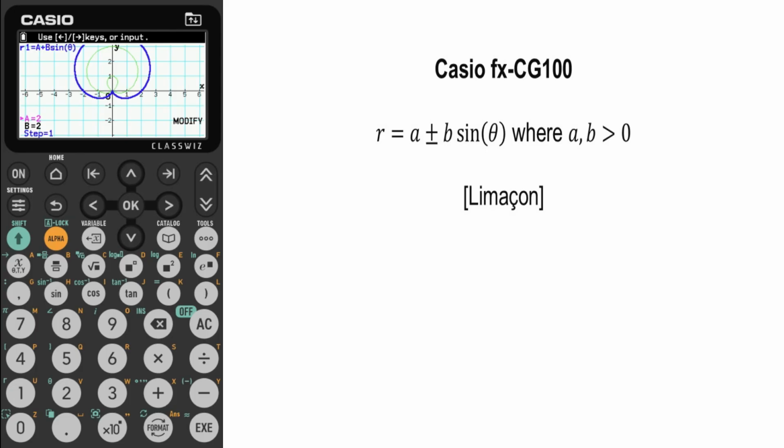In the case where a is greater than b, so for example, a is 3 and b is 2, you can see here we've got a dimple. In the case where a is greater than or equal to 2b, for example, a is 2 and b is 1, we have something which is convex, and notice here this portion is flat.